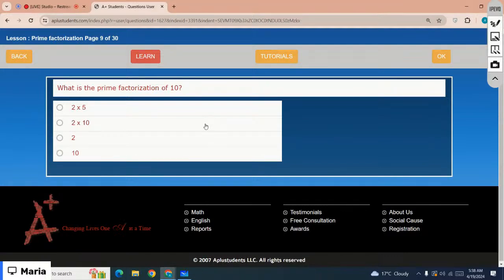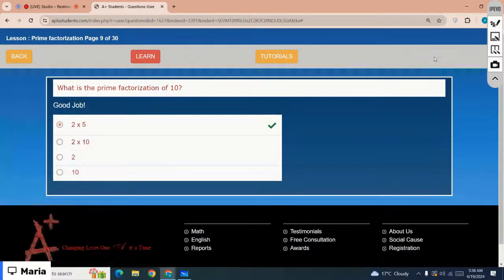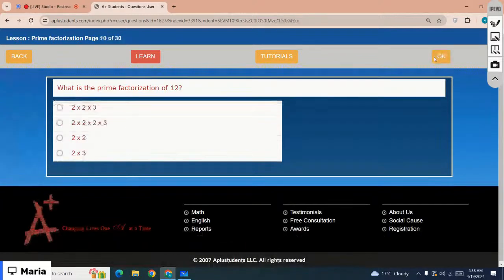Yes, that is 2 times 5. What is the prime factorization of 12?